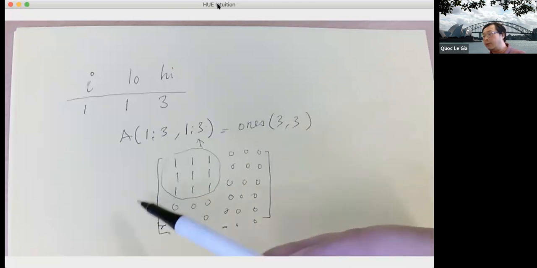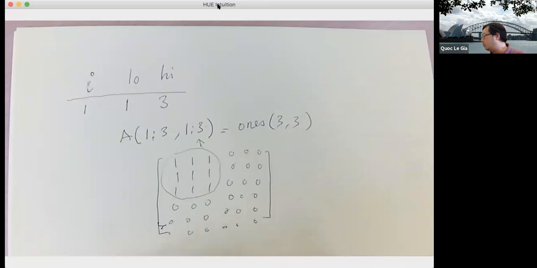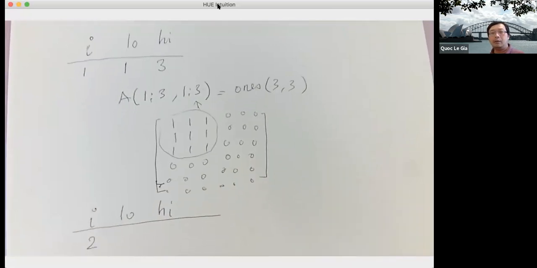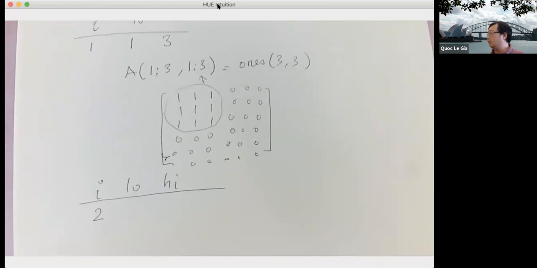Then you go down to the end, and now you have to repeat the loop. So now I will equal 2. What is the value of low and what is the value of high? 4 and 6, yes, correct.